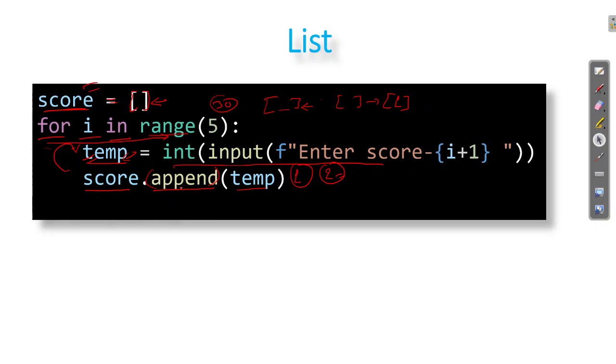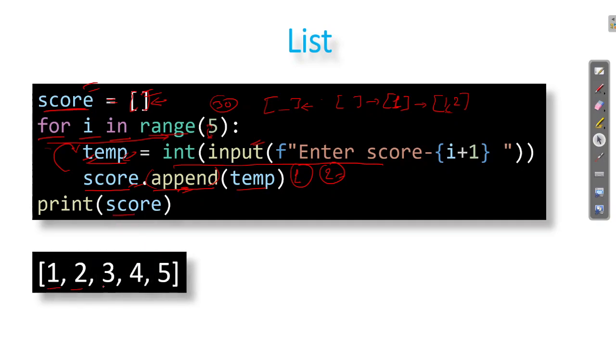Append will see that the list is 1, and it will append 2 at the end of the list, so it becomes 1 comma 2, with comma separation. This way the loop will go on for 5 times, and each time the user will give input and it will be stored in the score variable, which is our list variable. When we print score, we'll get something like 1, 2, 3, 4, 5. So this is how a list works.